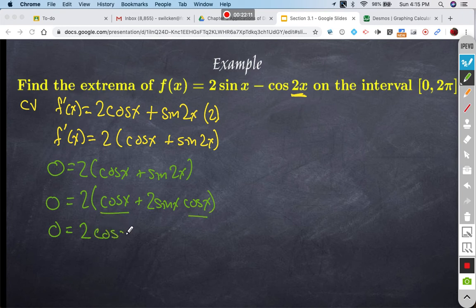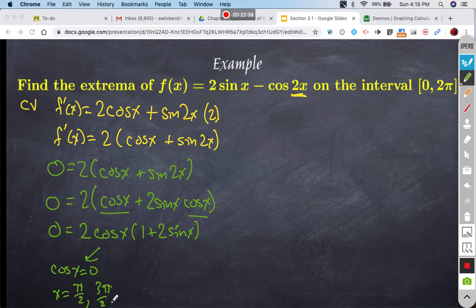So 2 cosine x times 1 plus 2 sine x, which I think is much easier. Well, definitely here, I don't want to mess with that. So 2 cosine of x, this is where cosine of x equals 0. So x is going to be pi over 2 and 3 pi over 2.